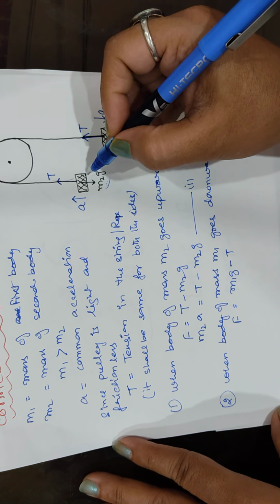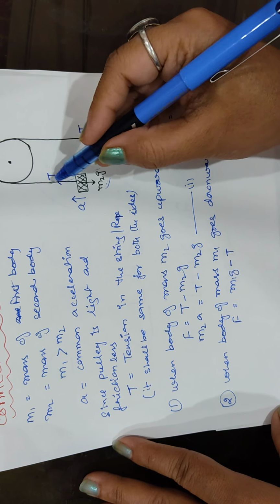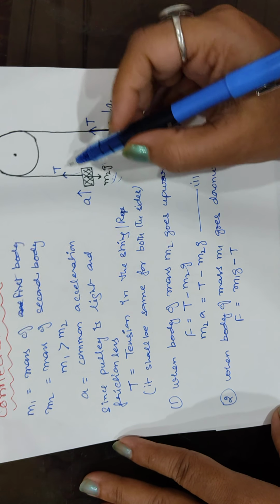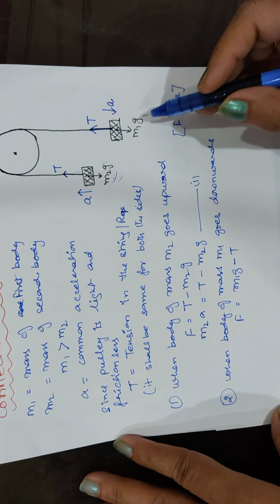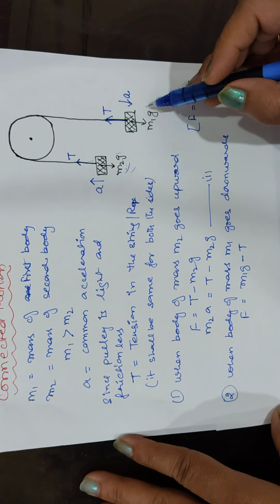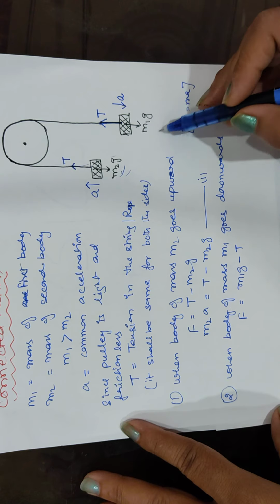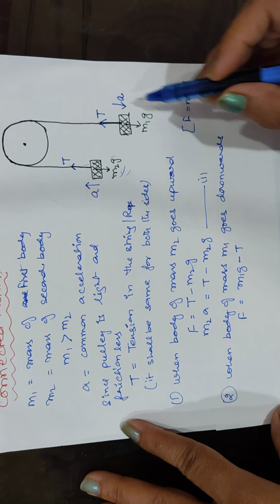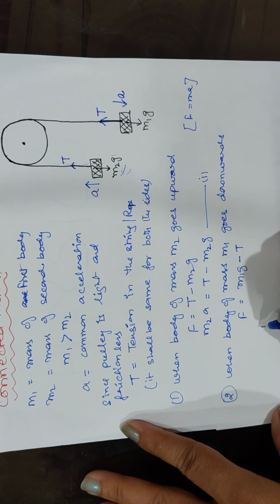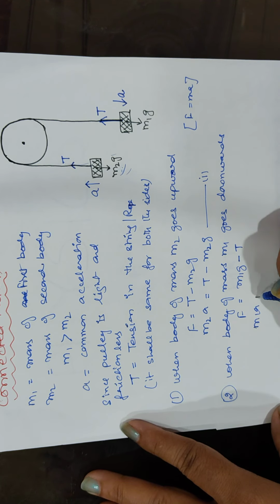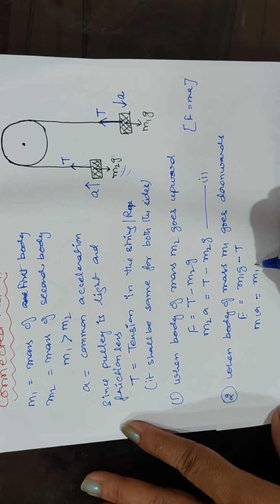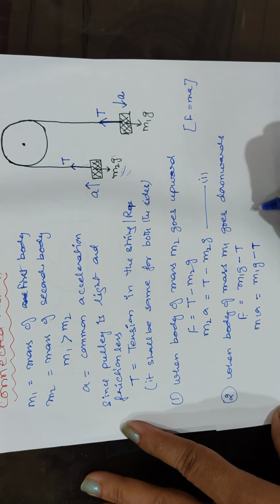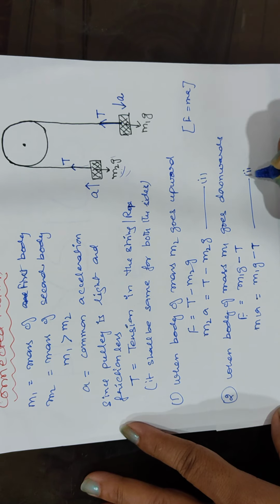In the upward case, since the body is moving upward, tension is more than m2g, that's why we subtract T minus m2g. And in this case, since the body is moving downward, we write m1g minus T, and the net force is F. You can write here also m1a equal to m1g minus T. So you can write this as equation number 2.